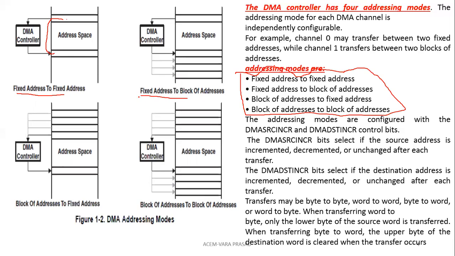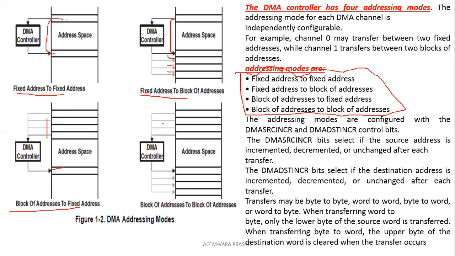Similarly, fixed to block means more. Fixed means single, so a single memory address is copied to more addresses. Similarly, block to fixed means many to single.